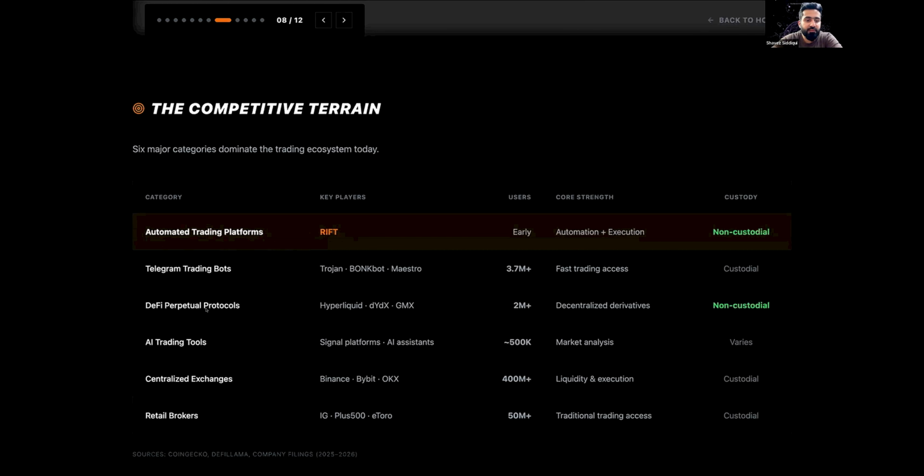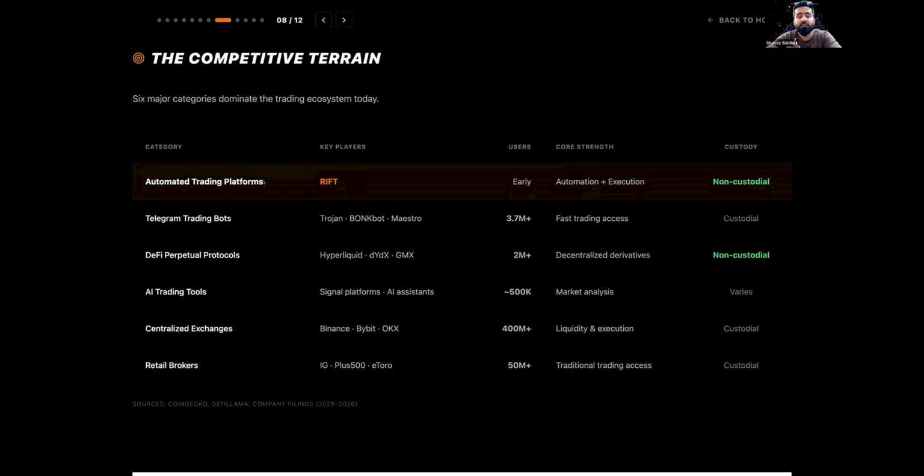There were some tools which were non-custodial, like Hyperliquid and dYdX, which do not offer an automated trading engine. They offer just the execution of decentralized derivatives, with fast trading access on Telegram bots. But when we compared with other models, even Binance, Bybit, OKX, centralized exchanges in which the custody is not yours, we were at the edge.